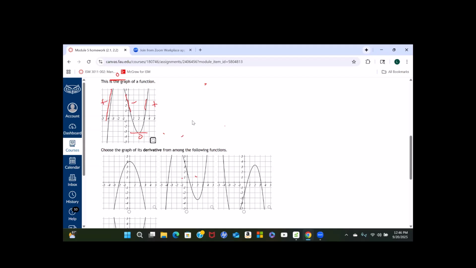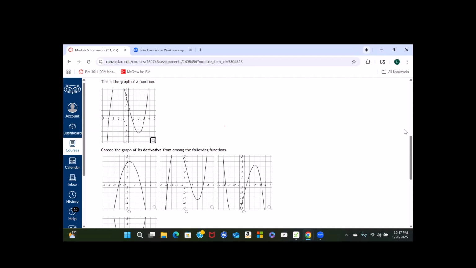But when you say it's 0, are you saying, because here we're choosing the derivative of that graph, the derivative is the slope? I'm looking at slopes. Let's start again.